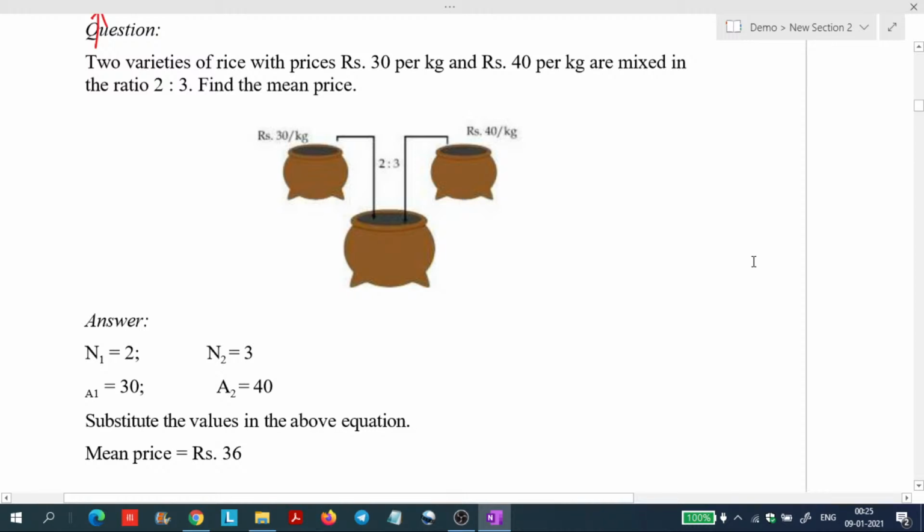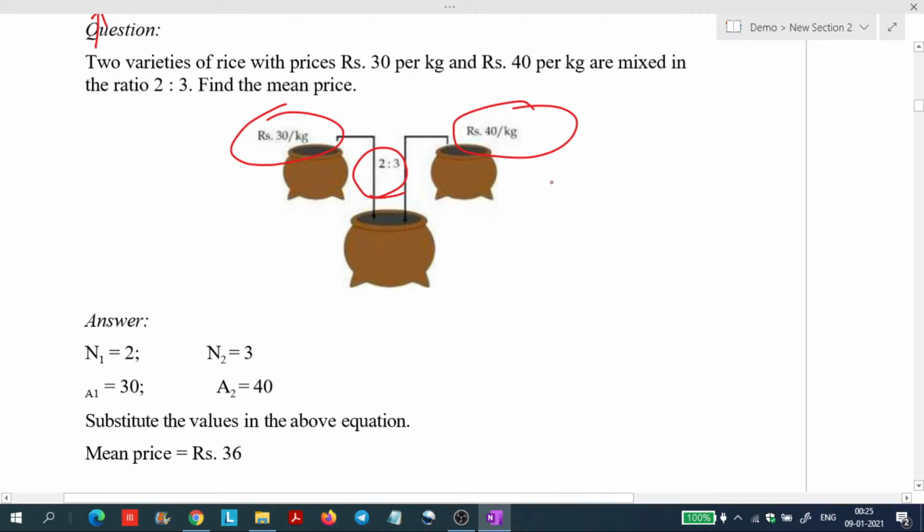So two varieties of rice with the prices 30 per kg and 40 per kg are mixed in the ratio of 2 is to 3.